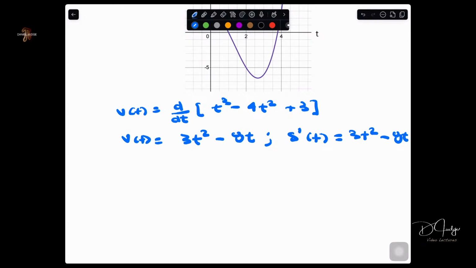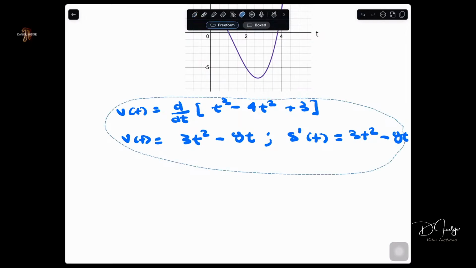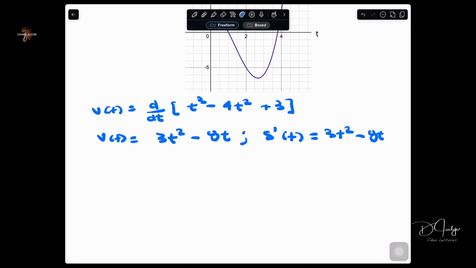Here's your velocity function. And what we're supposed to do with this, again, is perform sign analysis on that first derivative, whichever one you want to look at. It's the same derivative. So we have to do sign analysis here.